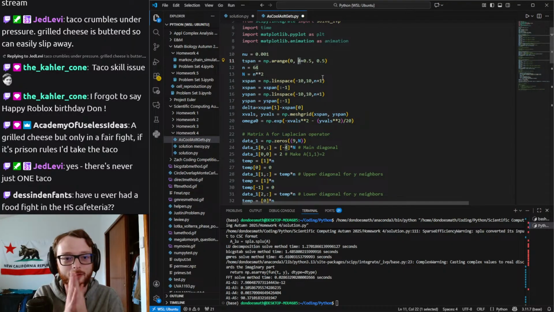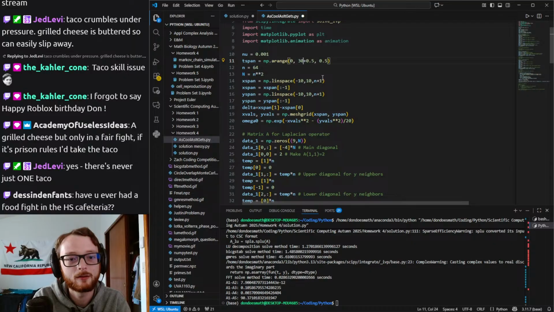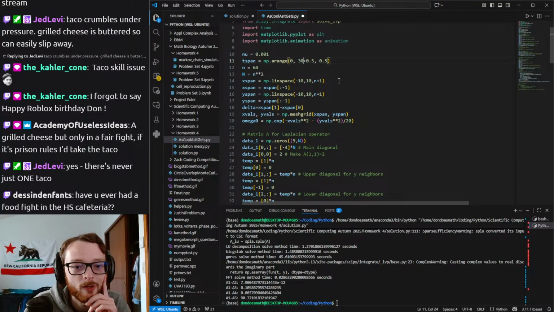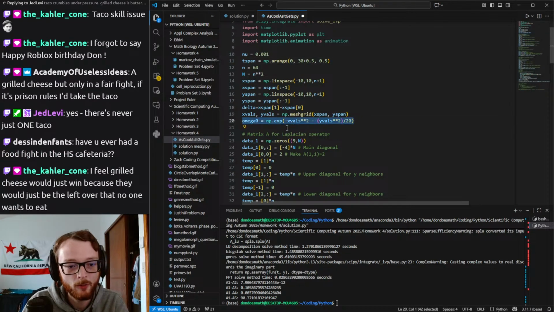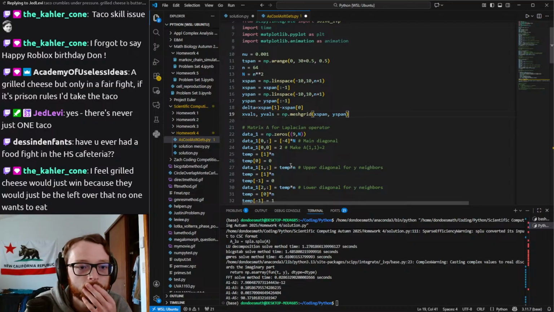So let's just off the bat, I want to solve it for like 30 time steps now instead of the 9 we were doing before. We're gonna need to modify, actually, so let's bring Omega Zero downtown.